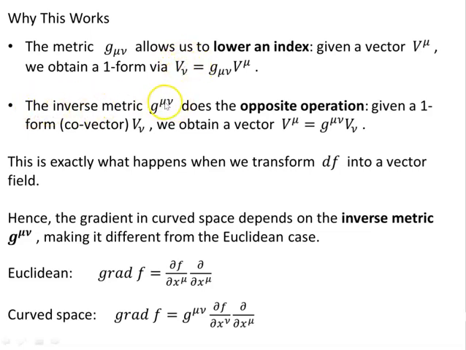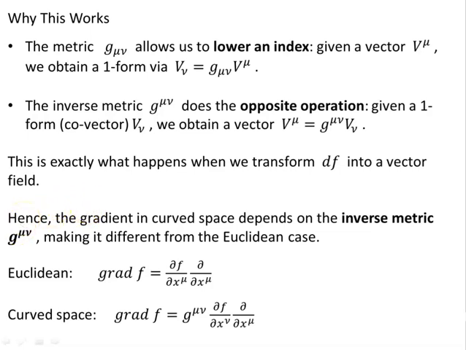The inverse metric g^μν does the opposite operation. Given a one-form, a covector v_μ, we obtain a vector v^μ equals g^μν times the covariant components v_ν. This is exactly what happens when we transform df into a vector field.